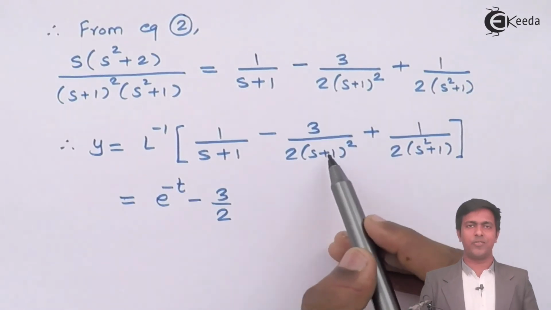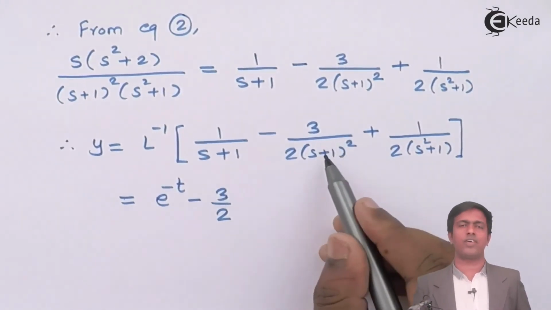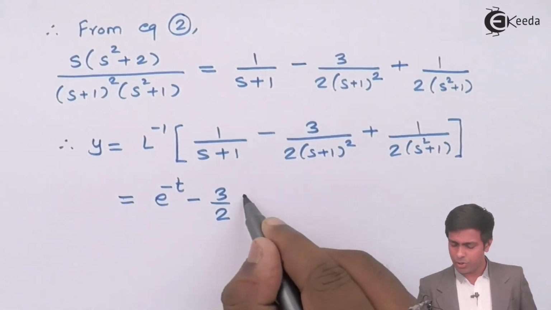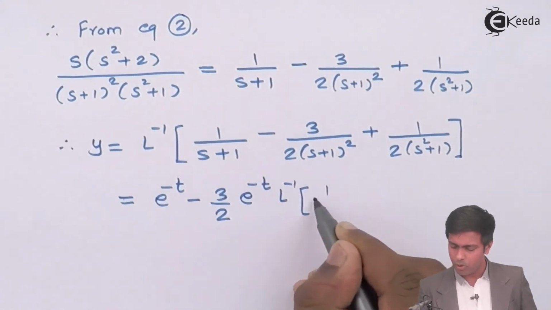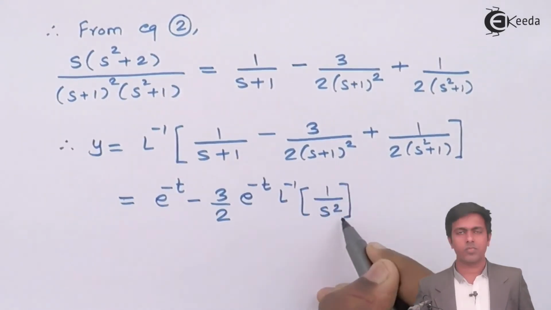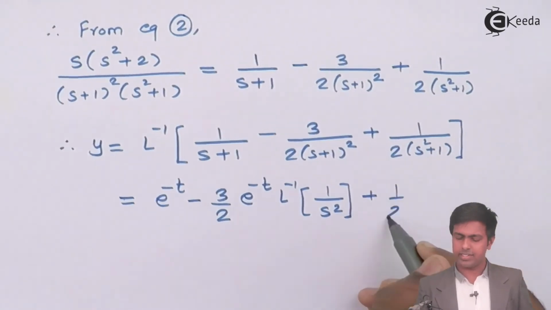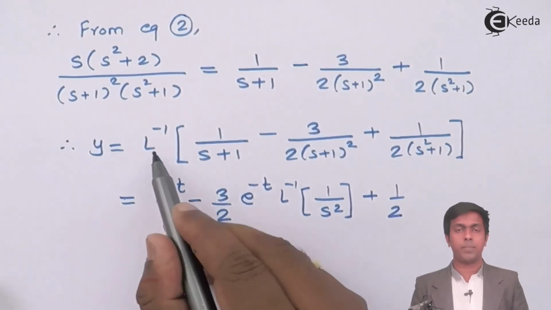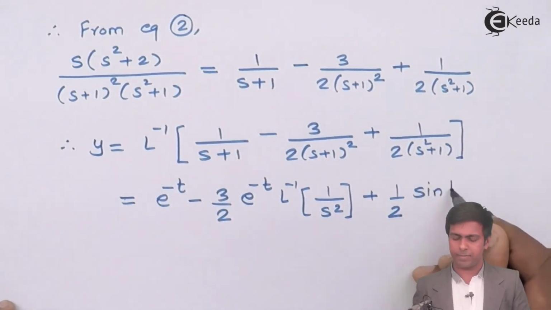Now guys, here we are going to use the shifting theorem, because this is a function of S plus 1. So that will become e to the power minus t into the inverse Laplace transform of 1 upon S square. And then here half as it is, and the inverse Laplace transform of 1 upon S square plus 1 is sine of t.